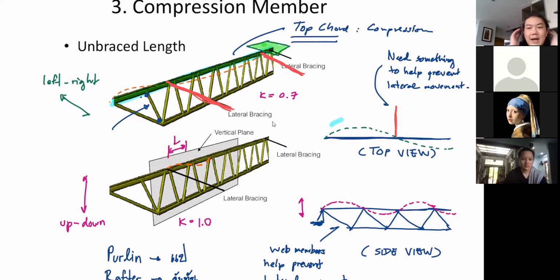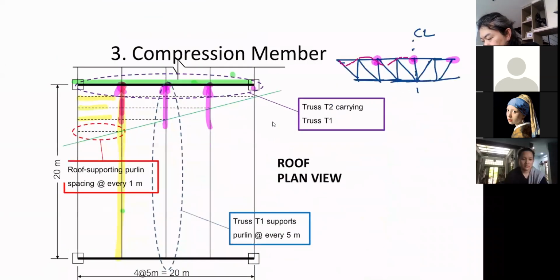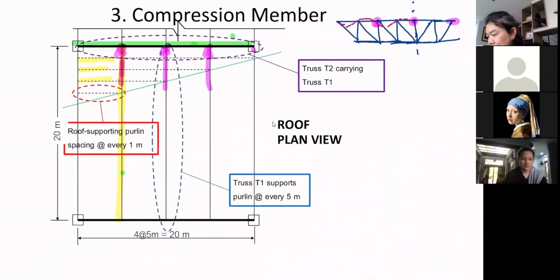But all in all, we should understand that the load carrying capacity, in this case compression, of your member depends on the unbraced length, not the length of the member. For example, you see this green truss in this picture is 20 meters long.